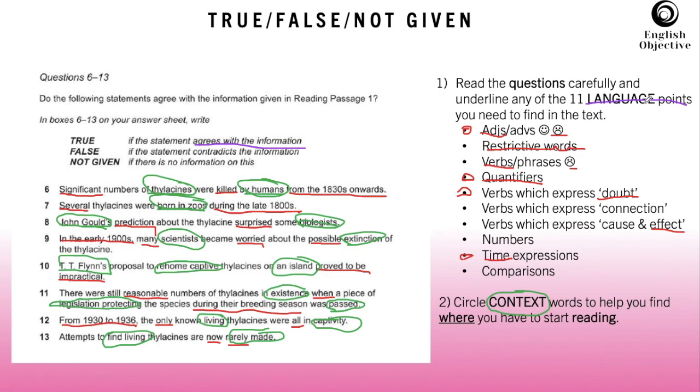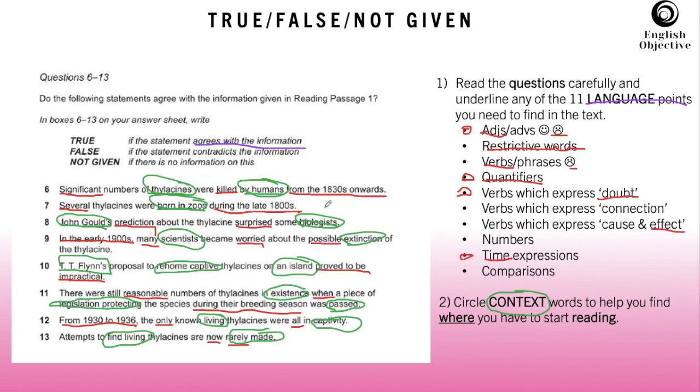Right. In number 7, I need to find a quantifier and also time expression, late 800s, and the context keyword was about the thylacines born in zoos. So I would have to find something related to the time first because it's easy to have a look at numbers, okay?